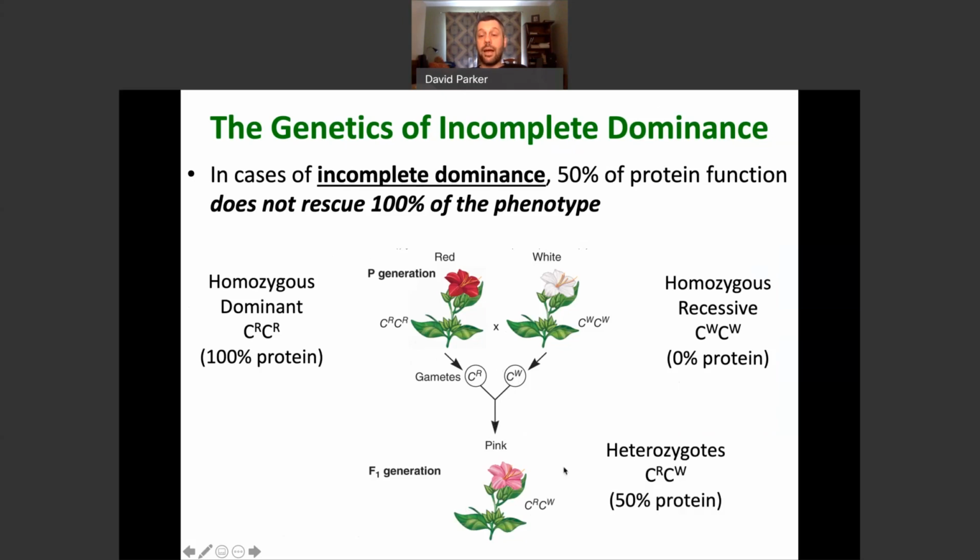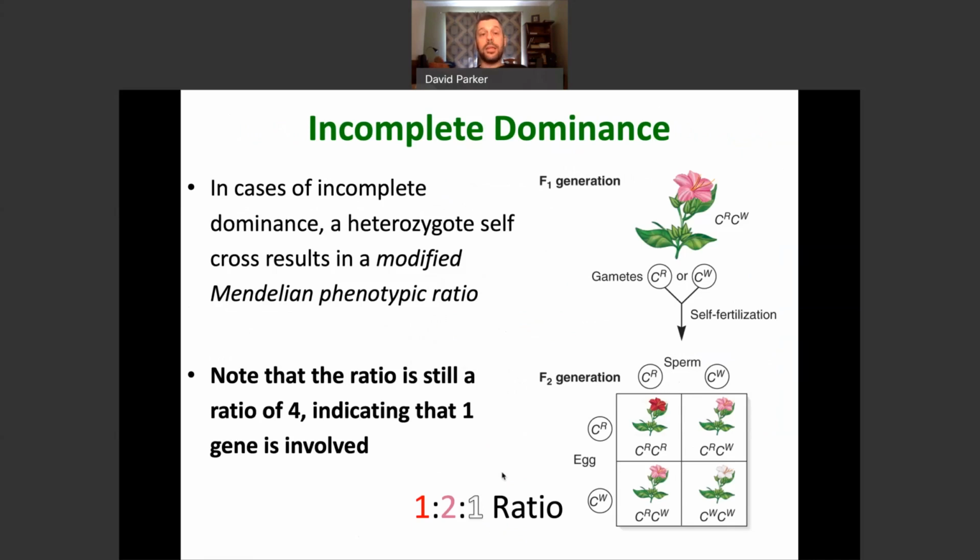Because in this case, we have 50% of the protein. 50% of the red protein gives us a not quite as red plant, which you see phenotypically as a pink plant. That is incomplete dominance. Now, incomplete dominance gives you a slightly confusing result when you look at the F1 self-cross.